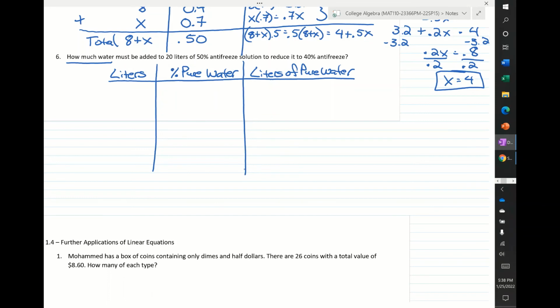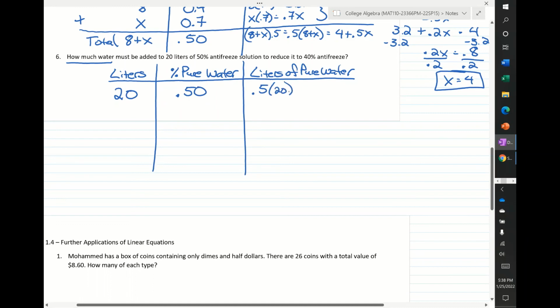Let's take a look at that first part. It says 20 liters of 50% antifreeze solution. So if half of this solution is antifreeze, what percent of it is pure water? What's that? The other half, right? So we would say 50% of it is pure water. The way that we get the liters of pure water is we would just do 0.5 times 20, which is 10. That's for that first one.